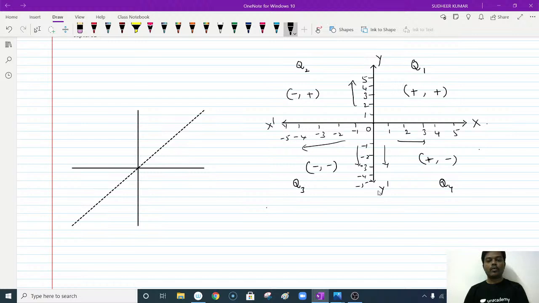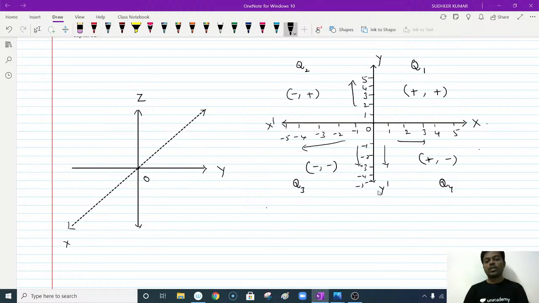It is perpendicular to the x and y axis. Suppose this is x axis and this is y axis and z axis. Here it is origin. The point of intersection of three axes is origin, right?